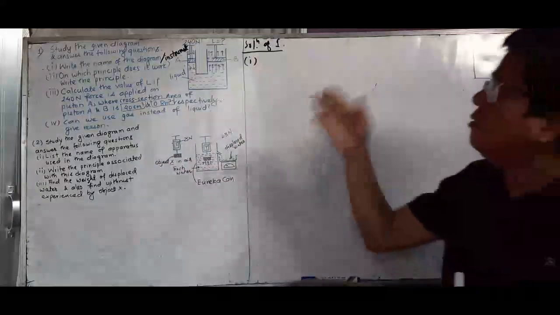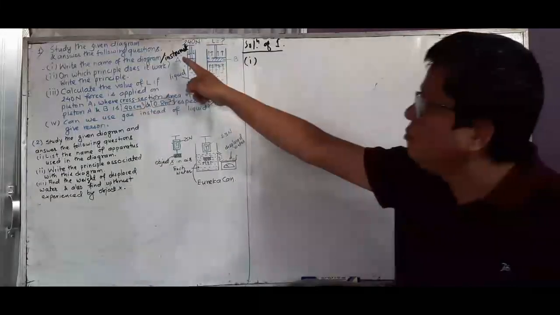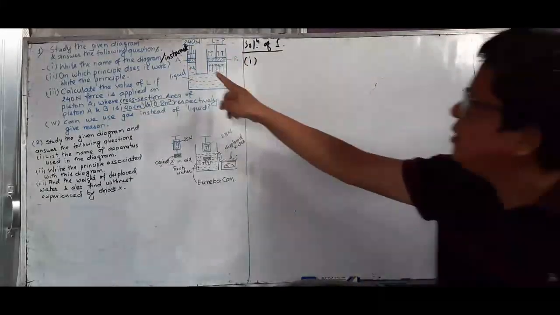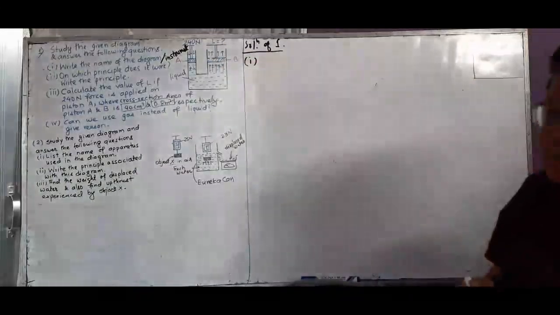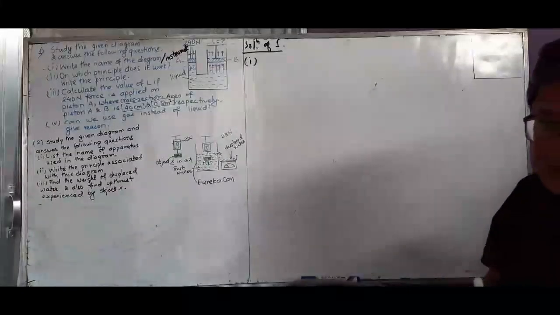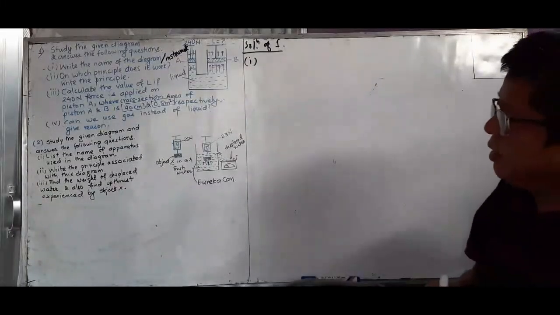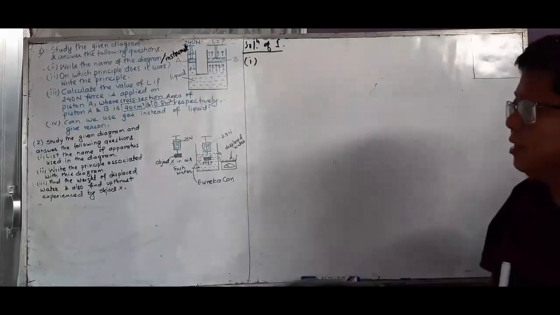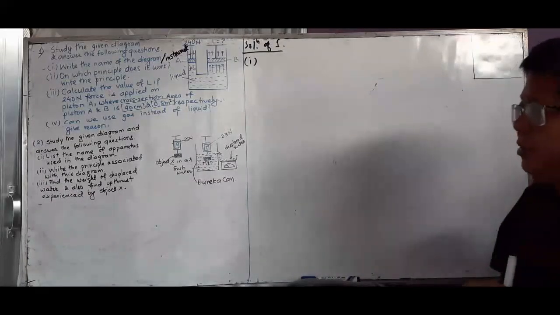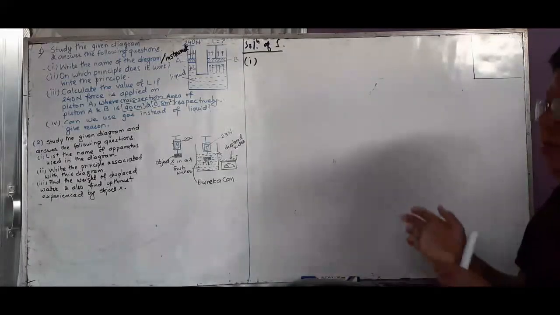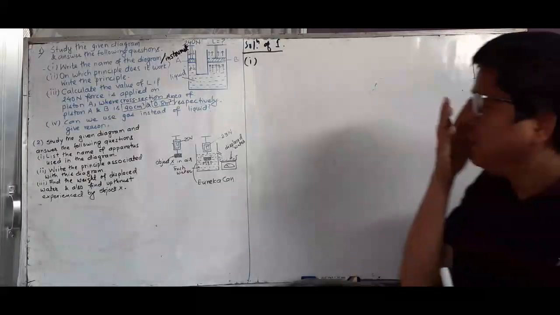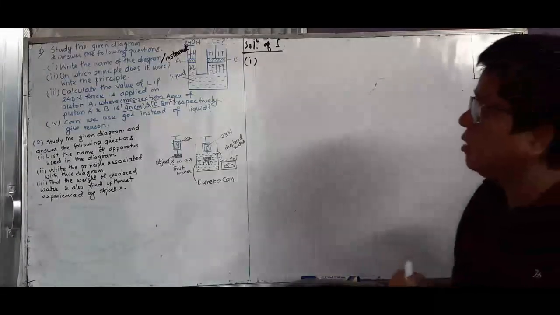So the name of this instrument is, I think you have guessed it, or you know this in your regular class, because this video is to revise you during the lockdown period. So I go very shortcut.